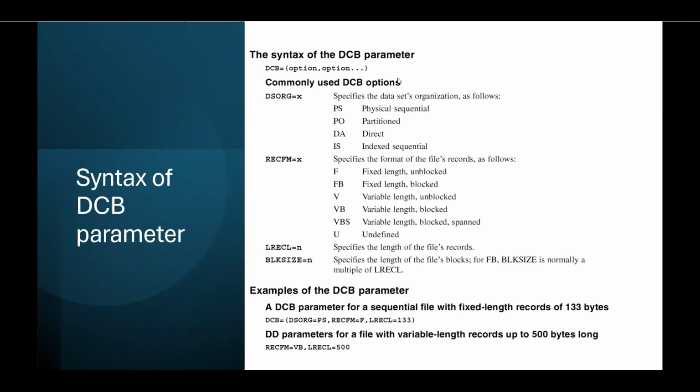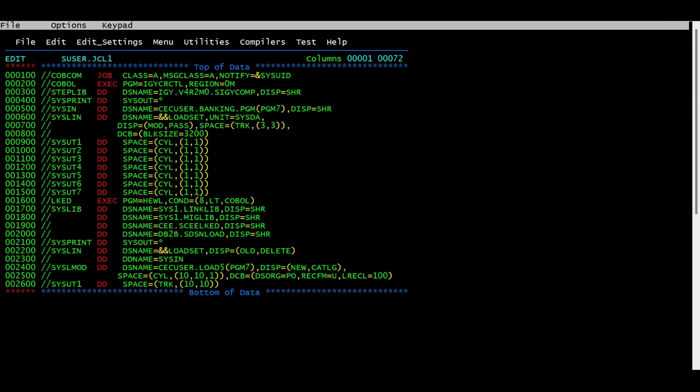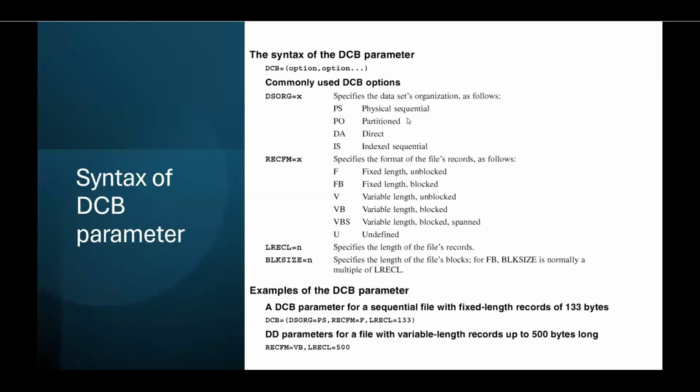In the DCB parameter, we have the organization, which in my example is PO. There are many options, and it specifies the dataset's organization. If you are creating any dataset, then you should provide the organization of that particular file to the system, so that based on that parameter, the file will get created. PS means physical sequential, which is a simple PS file.